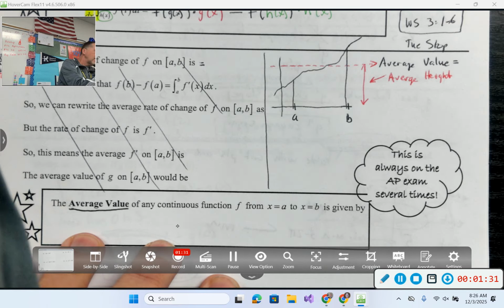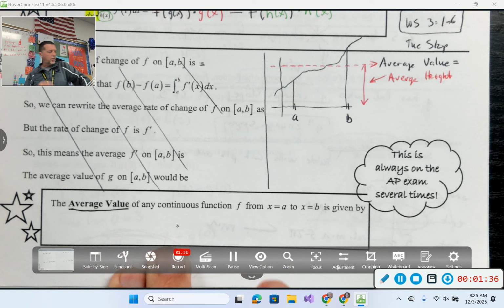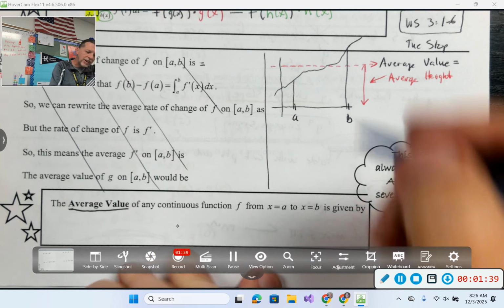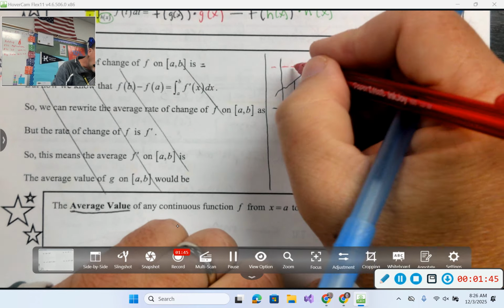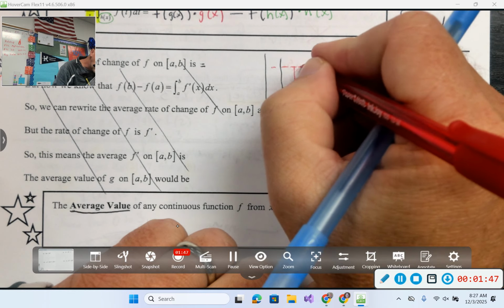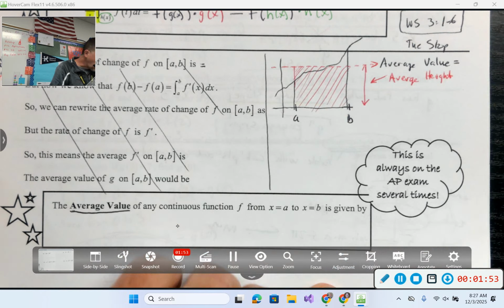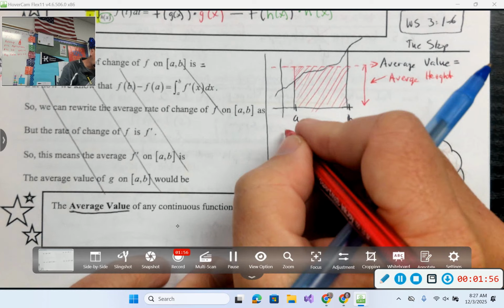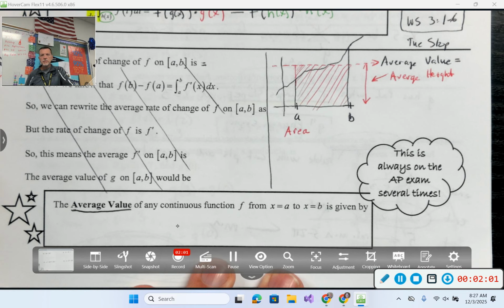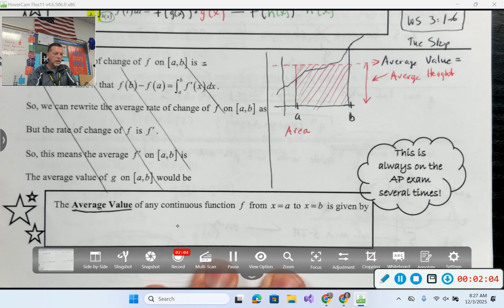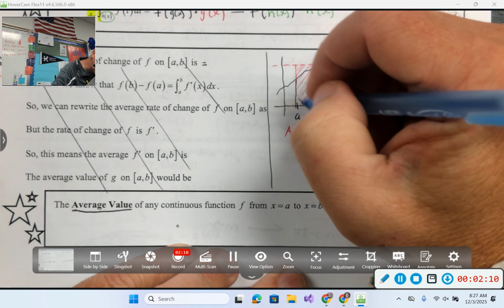Now, I'm going to use two colors. So if you got two colors, that's great. If you want to cross hatch or whatever, I guess you could do that. My average height is drawn so that the red area, that's a rectangle, so that's an easy one, is going to equal the blue area, and the blue area is the area that's under the curve.